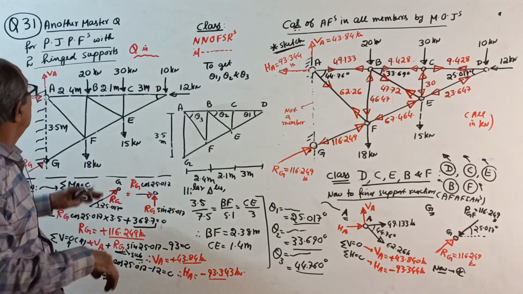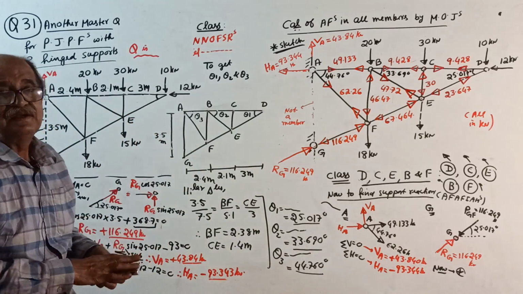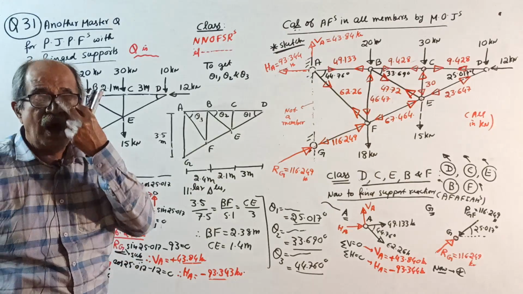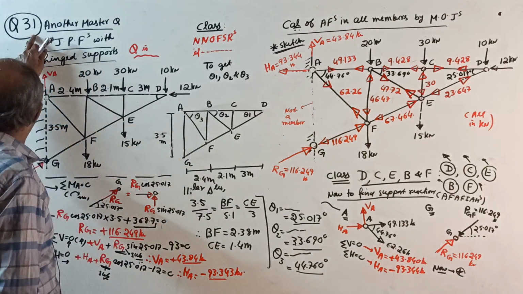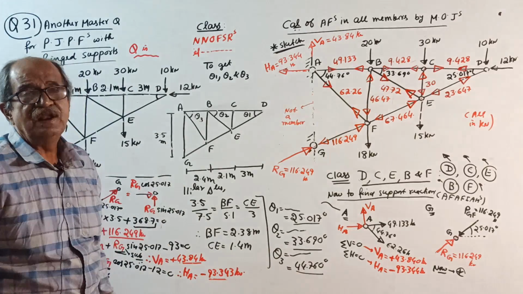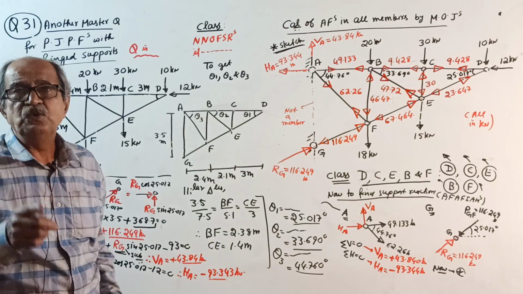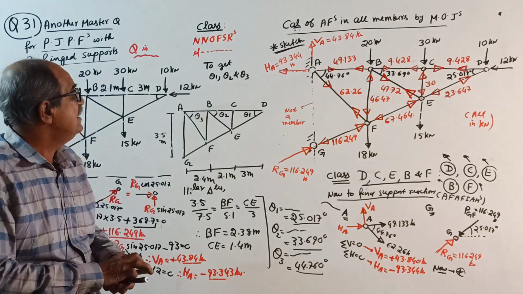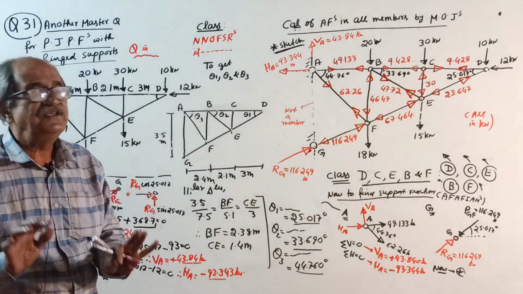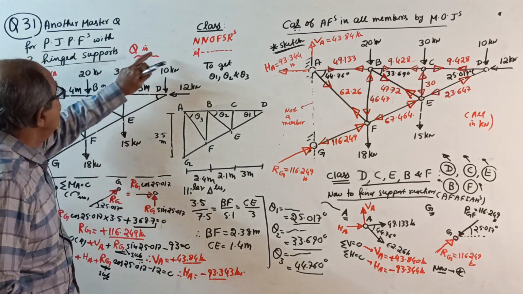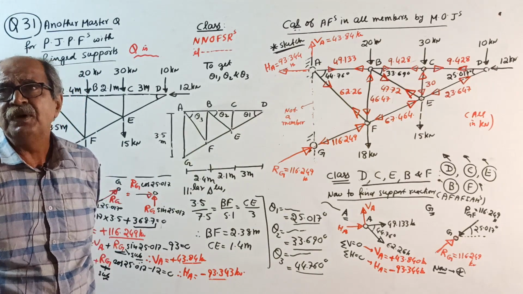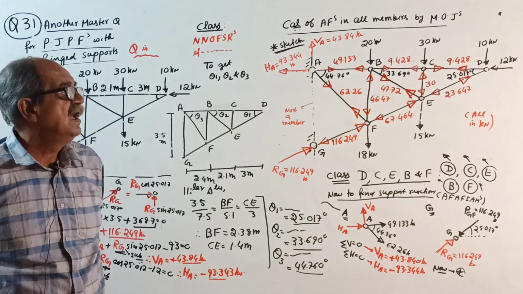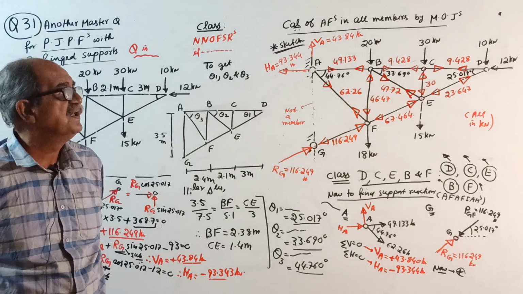Okay. Now this question is completed. Study everything. Now, to save the time, question 31 over, master question. I will give you question 32 as an exercise, and today I am going to close this pin jointed plane frames with the 2 hinged support, with only one member connected to one of the hinges and no member connecting the 2 hinges.